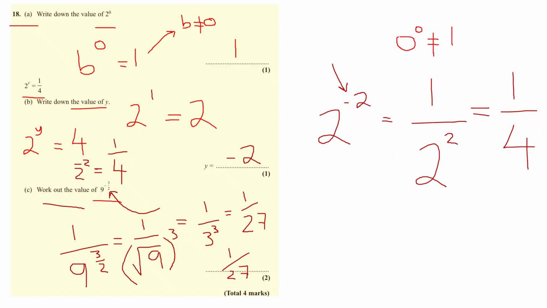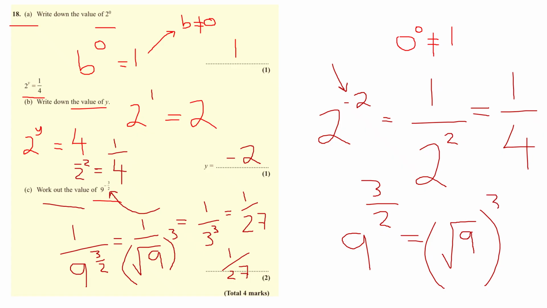So power of 3 halves in maths means the square root of that number, and then you cube it, or the square root or the second root, and then I raise it to the power of 3, or I'm cubing it, essentially, and obviously that negative power makes it 1 over, so we have 1 over 3 cubed, and 3 cubed is 3 times 3 times 3, which is 27.